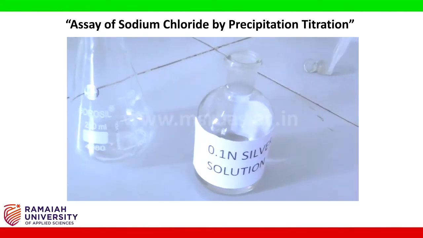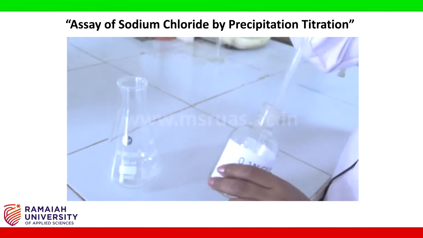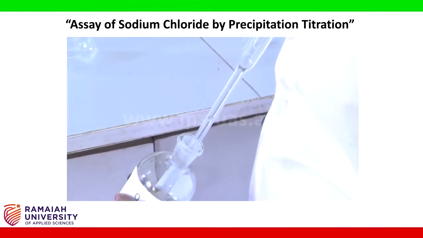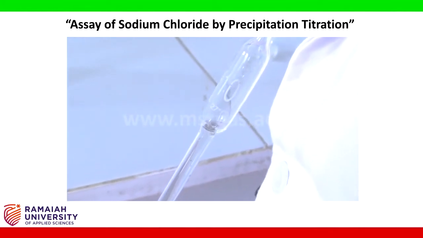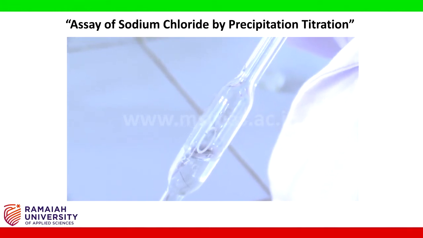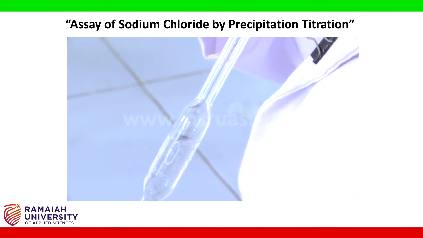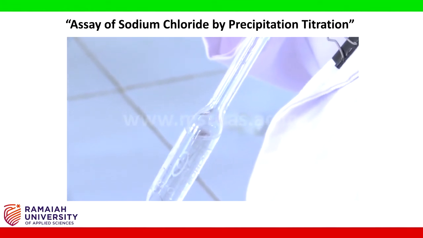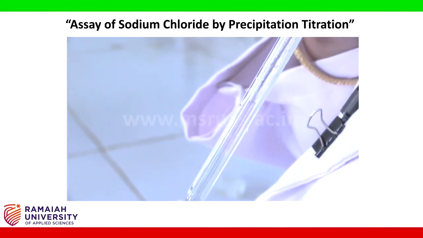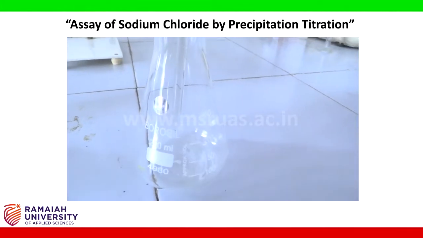Pipette 10 ml of 0.1 normal silver nitrate solution into 250 ml conical flask.